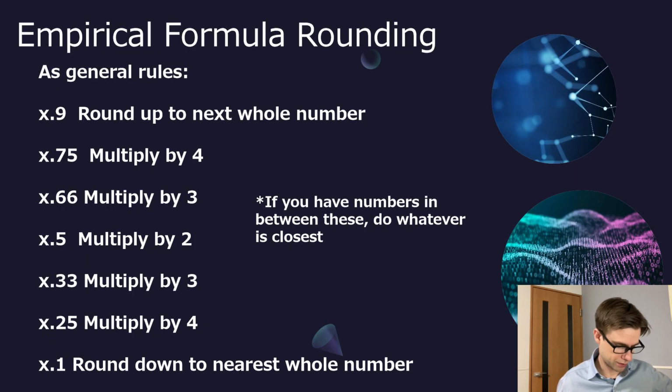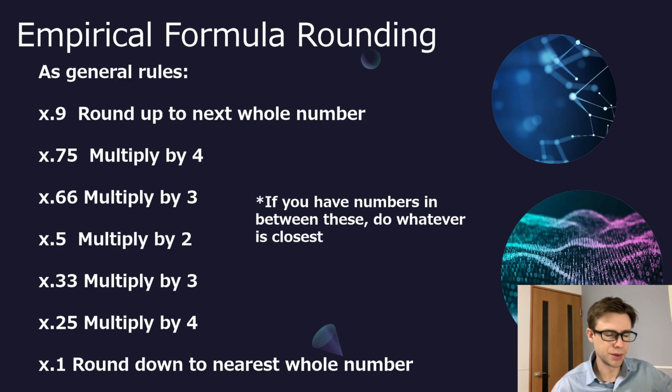Okay, what else? I want to talk about rounding a little bit, because you maybe thought it was strange that I multiplied one of those steps by 2 to get rid of a 1.5. So I think these are the general rules that I would follow when it comes to rounding or multiplying.